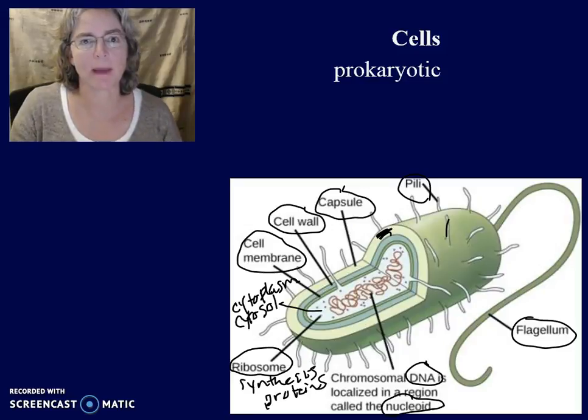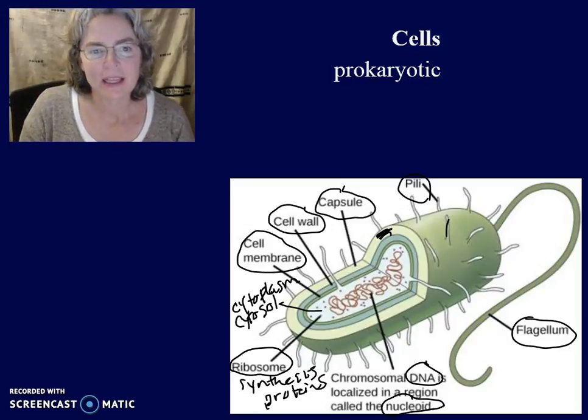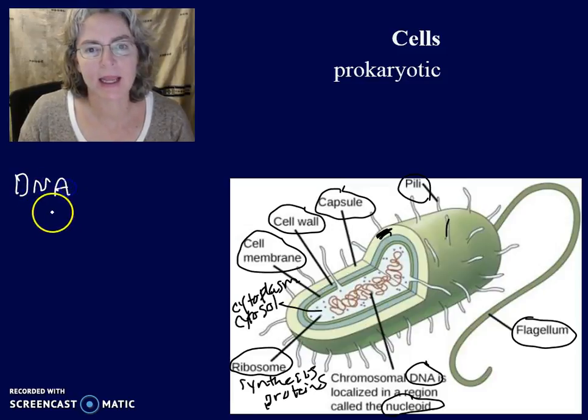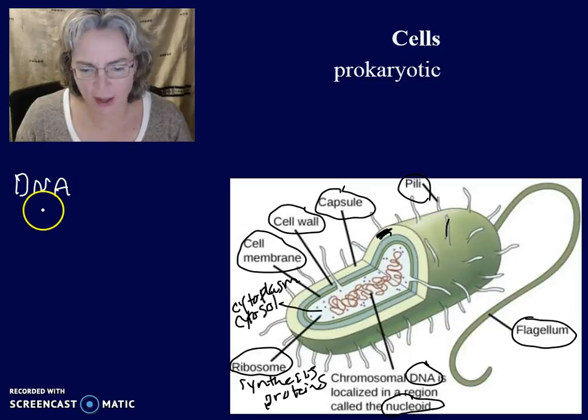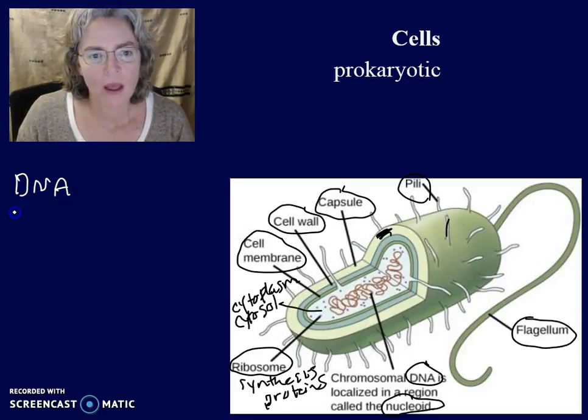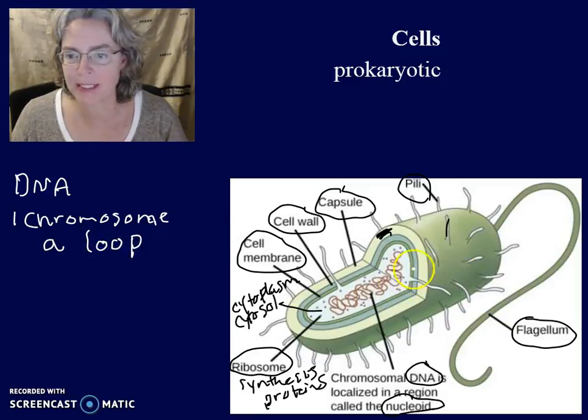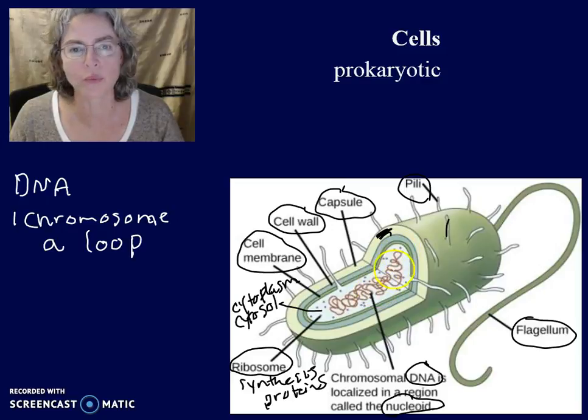Oh yes, I wanted to talk about the DNA. So the DNA in bacteria and archaea, they have one chromosome, and it's in the form of a loop. So one loop. And this mess in here, that's one looped or ringed chromosome in there, one strand of DNA.